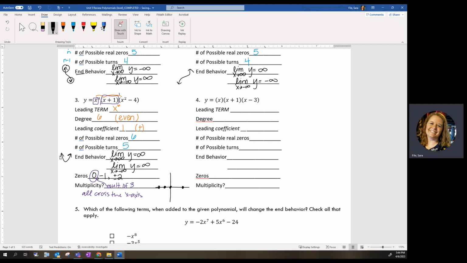And I know my end behavior, it's going up on the left, and it's going up on the right. I don't know exactly what's going on in the middle, but based on the multiplicity, it actually has to cross at all of these. So none of these are just going to bounce off and come back up.